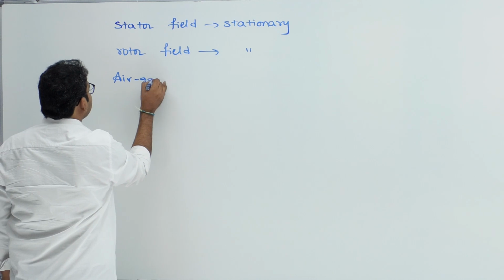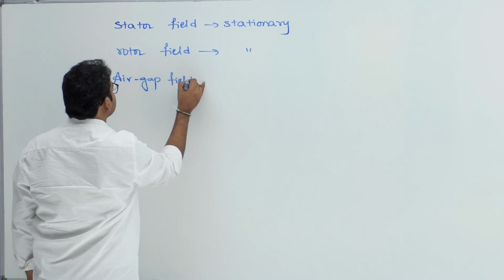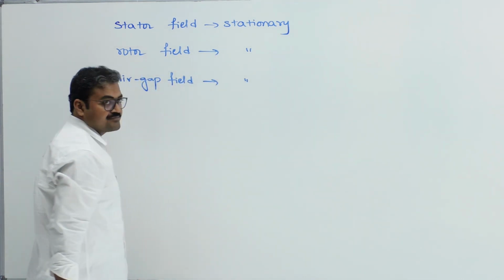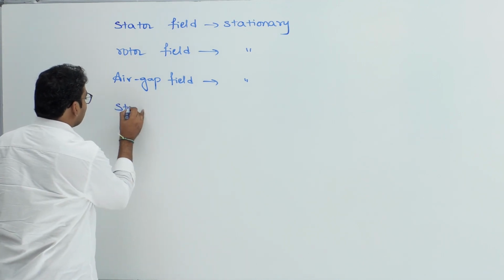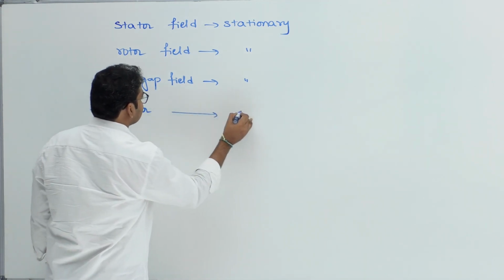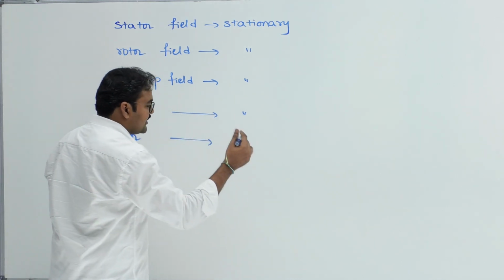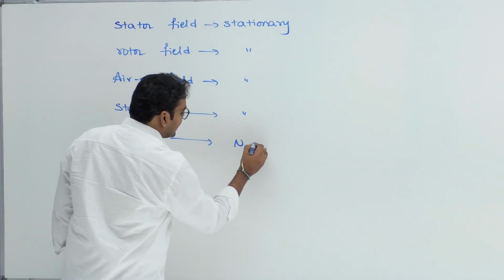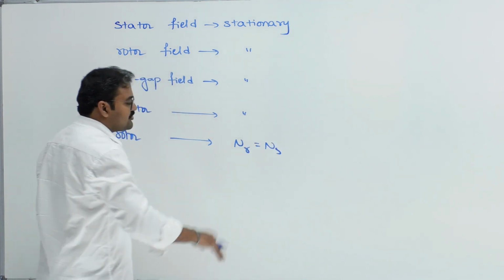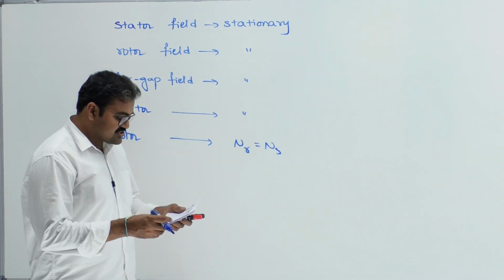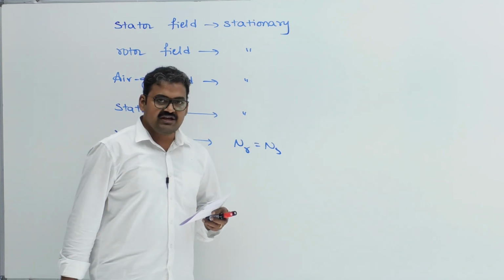Therefore, air gap field is also stationary. No field is rotating. What about the stator magnetic core? Stator is always stationary. But what about rotor? Rotor is not stationary. Rotor is rotating with a speed nr. This time nr is equal to ns. It was clearly mentioned rotor is rotating with a speed ns.